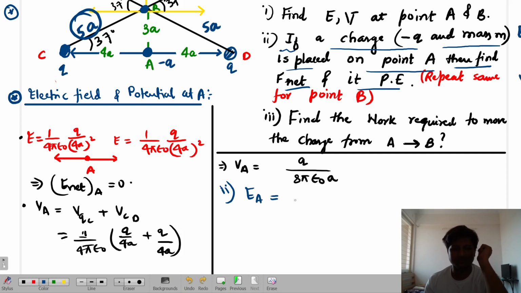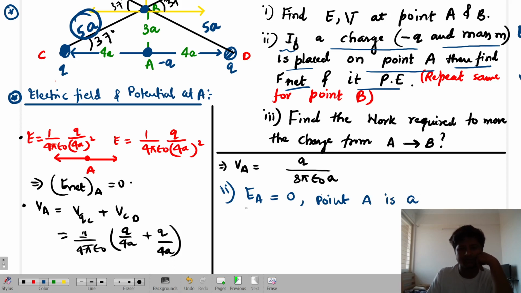Zero, isn't it? Whatever other charge I place, whether positive or negative, it's a neutral point. Point A is our null point.